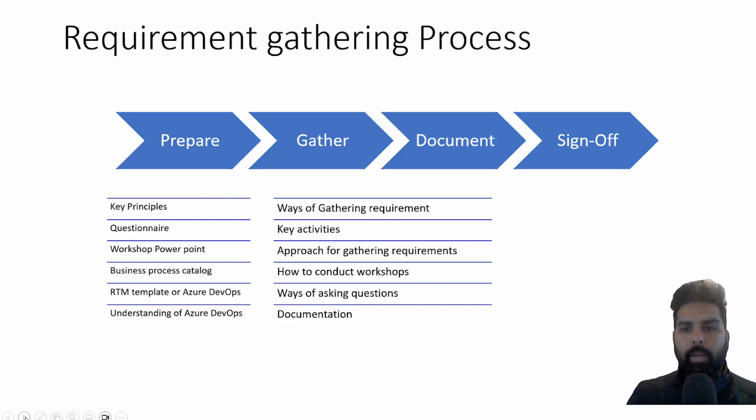All these things we have covered as part of the preparation part. Then in the last video we spoke about gathering and documenting the requirement, where we talked about how you gather the requirement, the key activities, the approach, how you conduct the workshop, what type of questions you should ask for gathering the requirement, and the documentation.